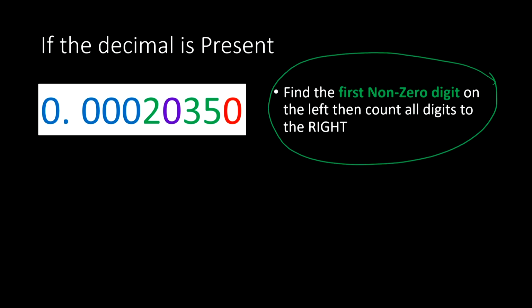So our first number that we're going to count is the 2, then the 0, the 3, the 5, and lastly our trailing zero is going to count because the decimal point is present. So we can see that we have a total of 5 sig figs. Sig figs will be the shorthand for significant figures.